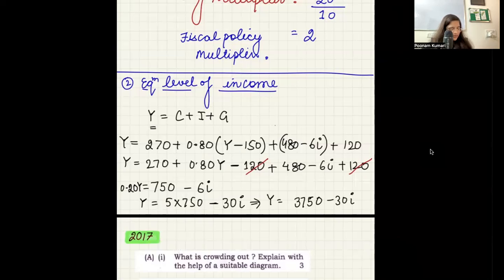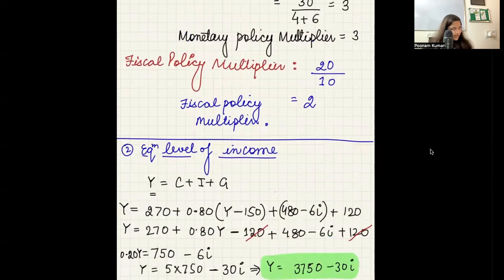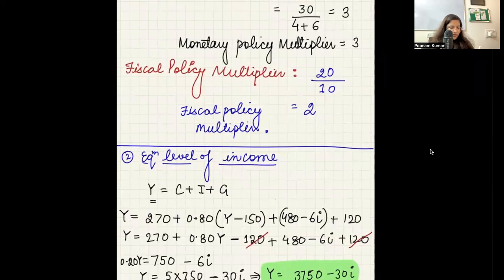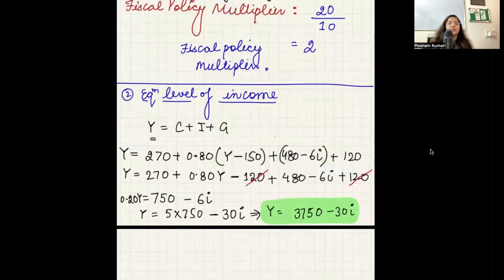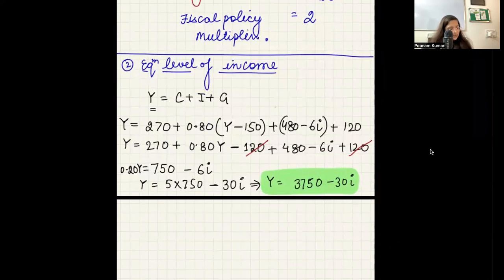So this is one equation that we have here. This is the value from the IS equation. And then we can solve for the LM equation. This particular equation has come from goods market equilibrium.